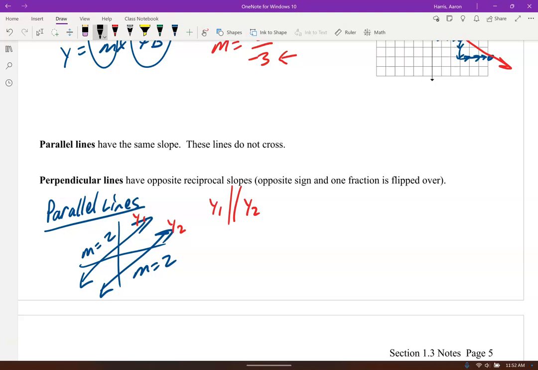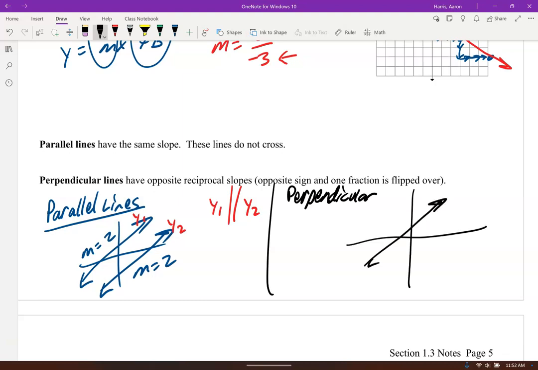Perpendicular lines, on the other hand, have opposite reciprocals. In other words, their product is negative 1. So for example, let's say y1 has a slope of 2/3.